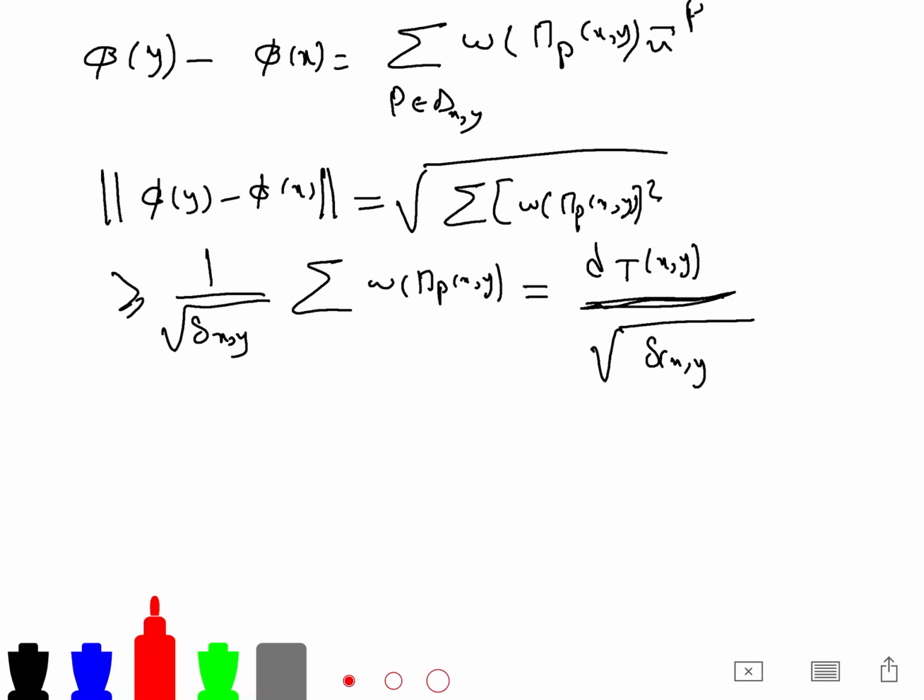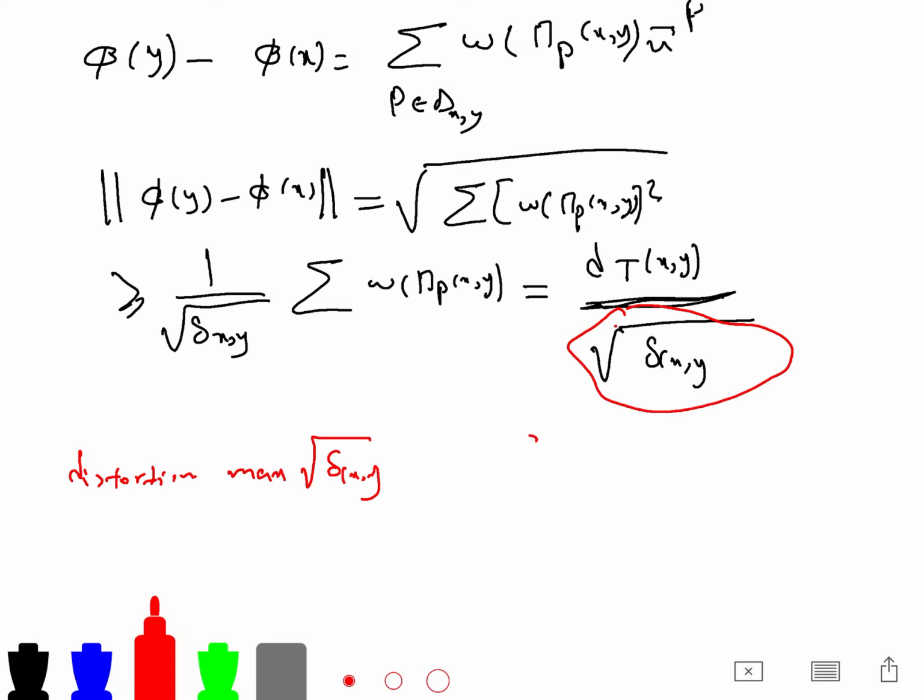So we just need to find the maximum of this, so that it becomes the minimum. So the distortion of the map phi is at most the maximum of delta of x and y, where the maximum is over all pairs.